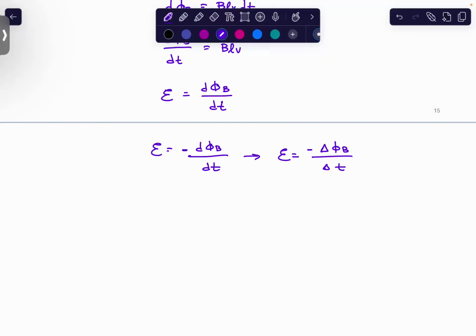And for a coil with n number of turns, this is Faraday's law.